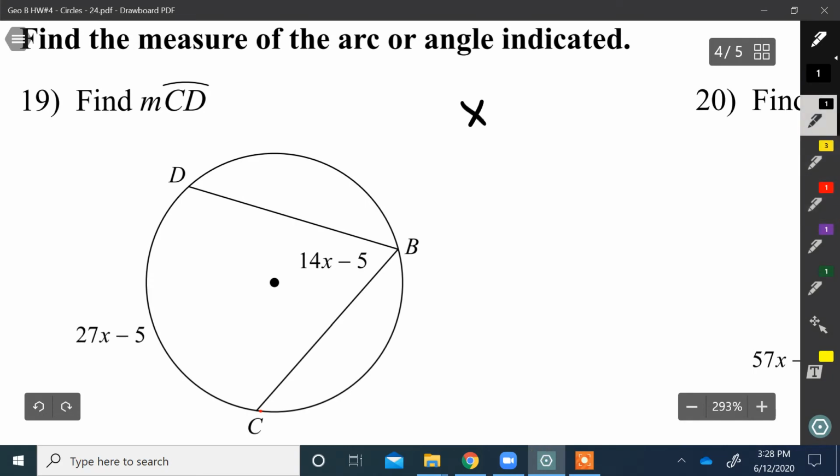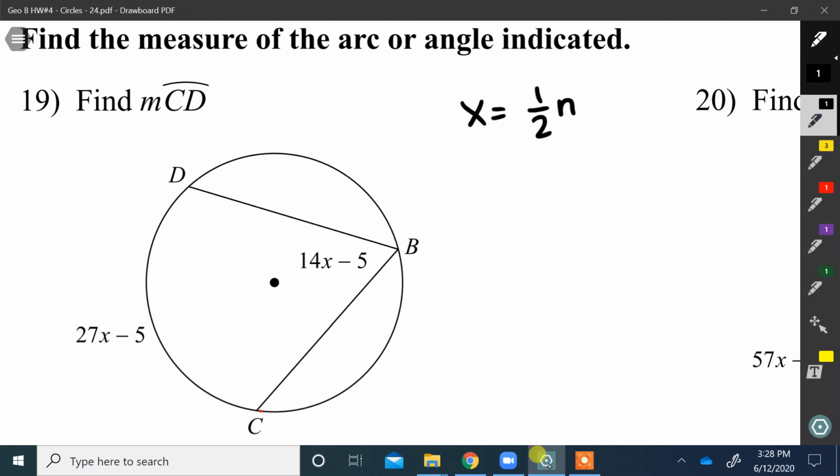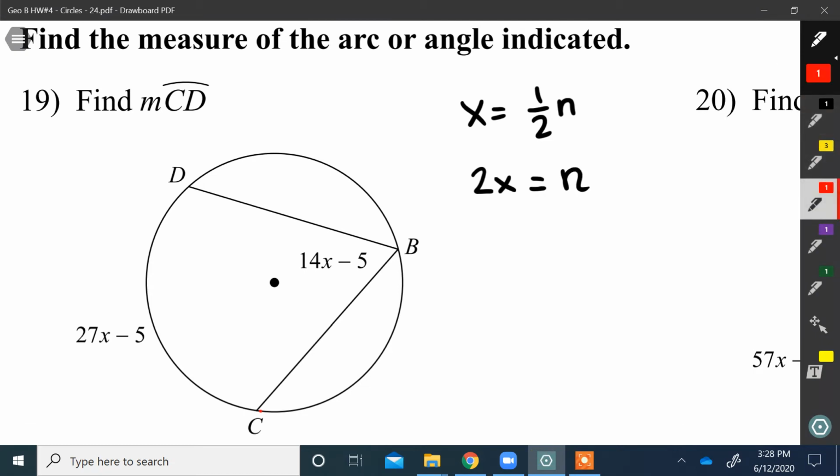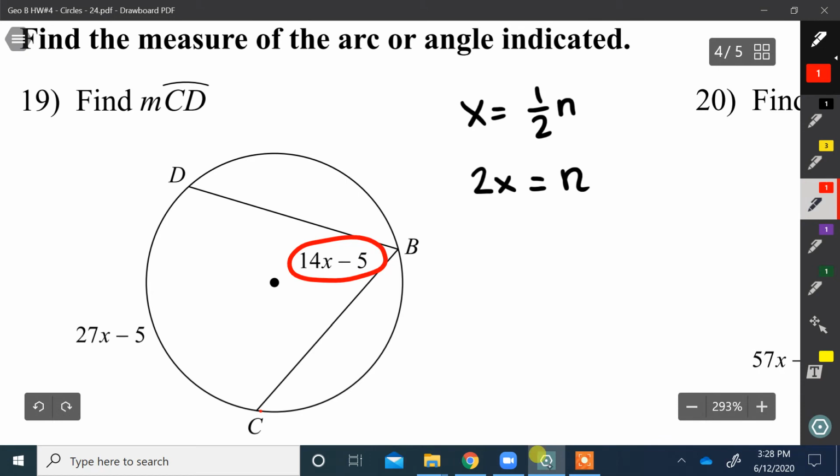The formula says x is equal to half of n. Once again, guys, I don't like working with fractions, so I'm going to write it as 2x is equal to n. You have to identify what is the x. The x in this case is this right here, and then the n in this case will be this guy right here.